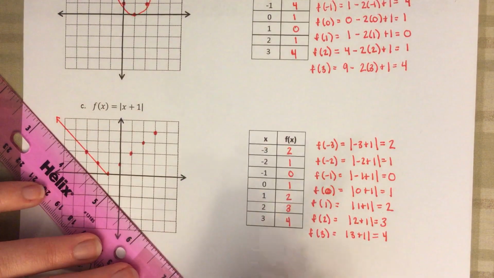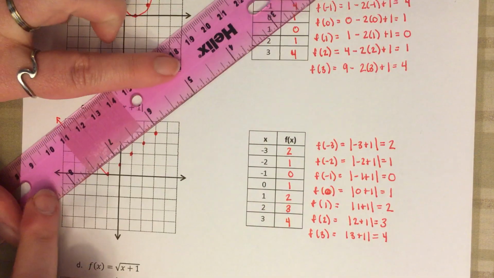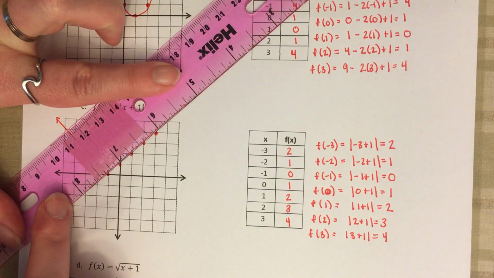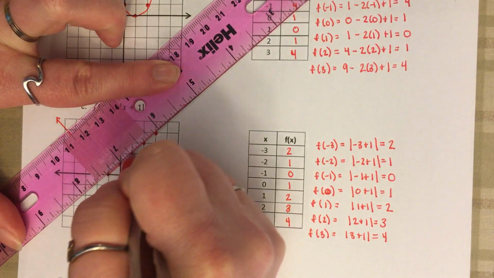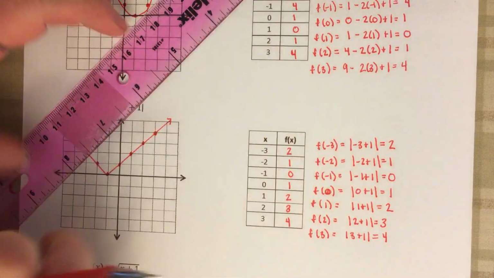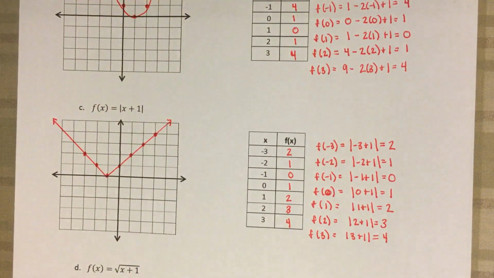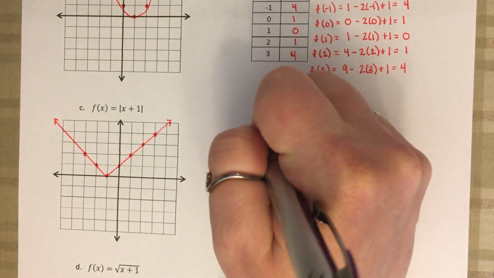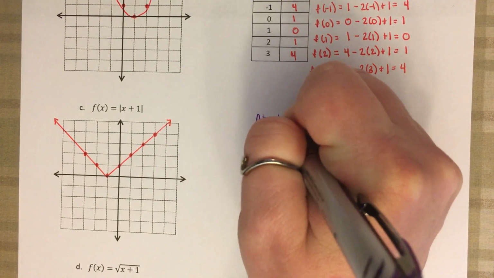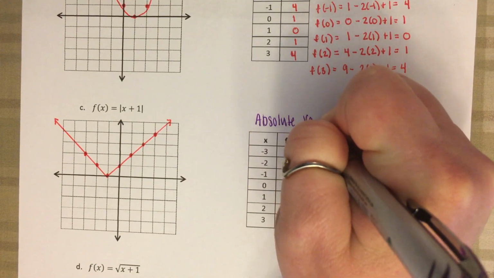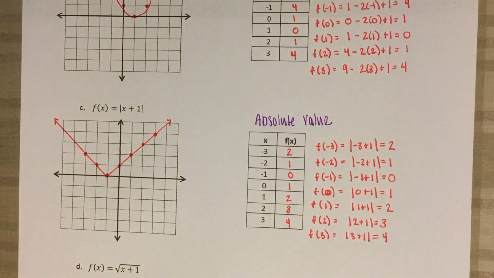So we're going to extend out from the V with arrows going continuously in both directions. So again, this is an absolute value function. Absolute value functions have V-shaped graphs.